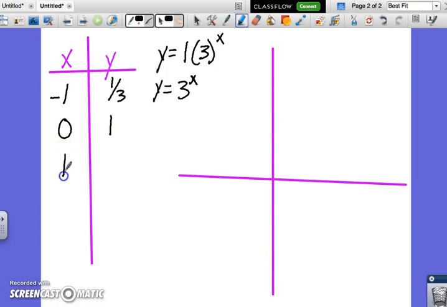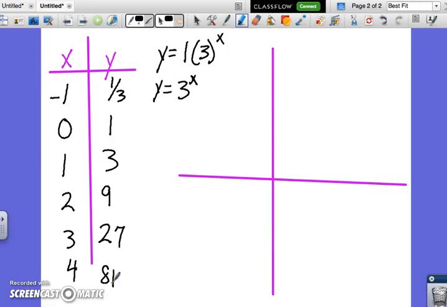At 1, 3 to the first power is just 3. At 2, 3 squared is 9. At 3, 3 cubed is 27. At 4, 3 to the fourth power is 81. Some crazy numbers here.